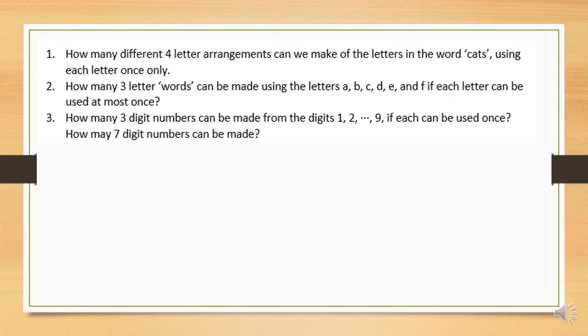So here's number 1. How many different four-letter arrangements can we make of the letters in the word cats? Let me use the space below to show you if we are going to use each letter once only. The words don't necessarily have to have meaning.